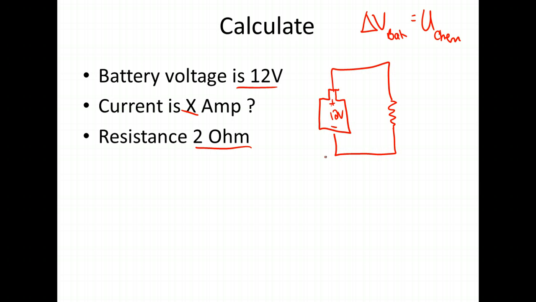What's the current flowing through on the other side? I could calculate a voltage difference here, but we're getting there. So hold on to that thought. This is just really straightforward Ohm's law. So what is Ohm's law?